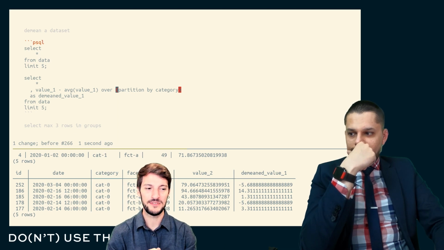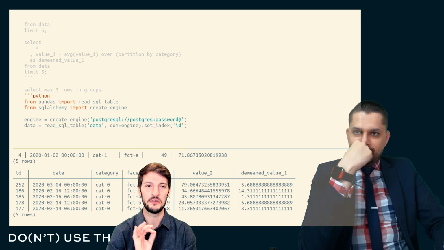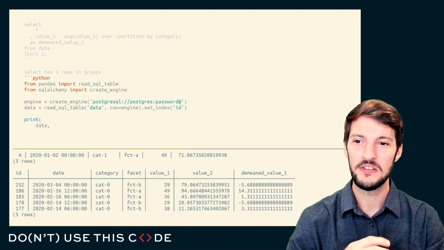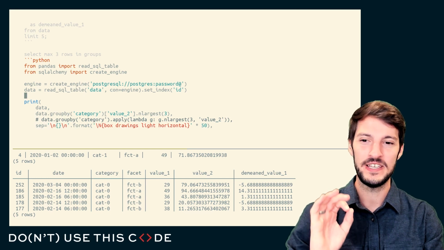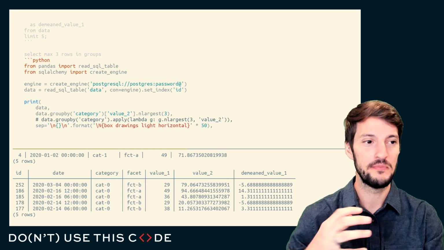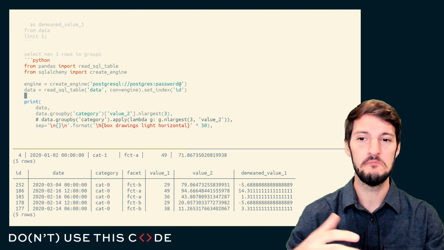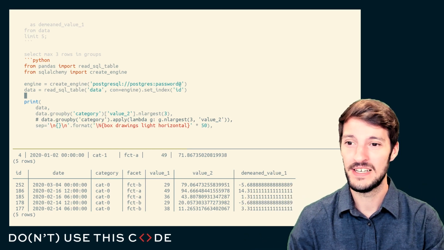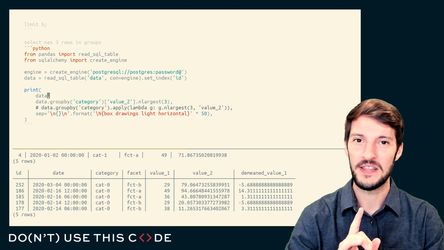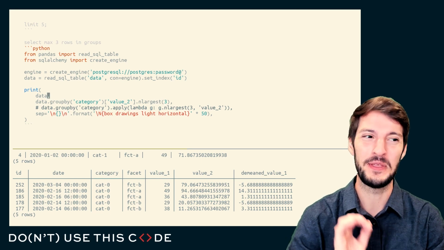But I think what we have next might be just a little bit more tricky, a little bit more SQL thinking. In pandas, we can actually grab the rows from some column that happens to have the largest value. What we can then do is nest that within a group by.